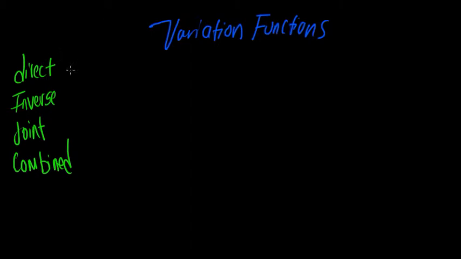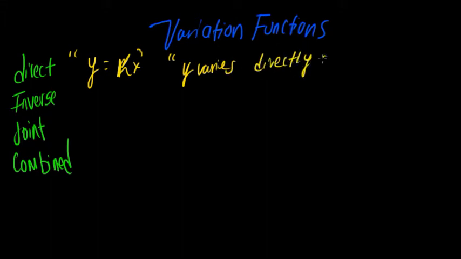Direct variation basically says y varies directly as x. This is how it's represented. It's written like this: y varies directly as x. You'll be able to see a lot better what direct variation actually is when we do some example problems.